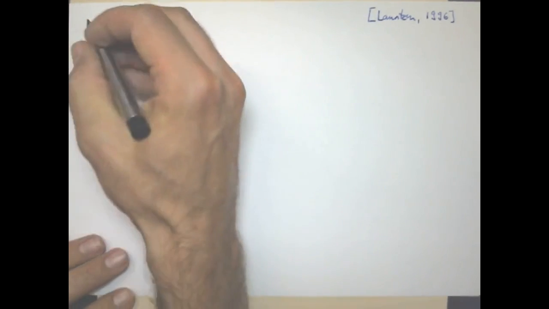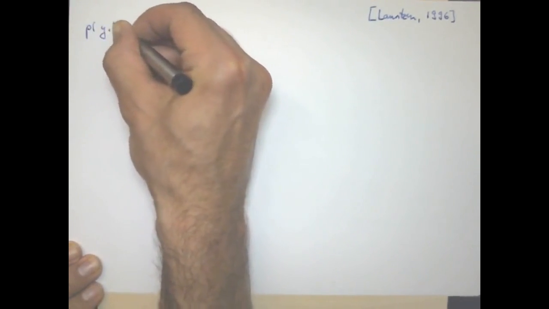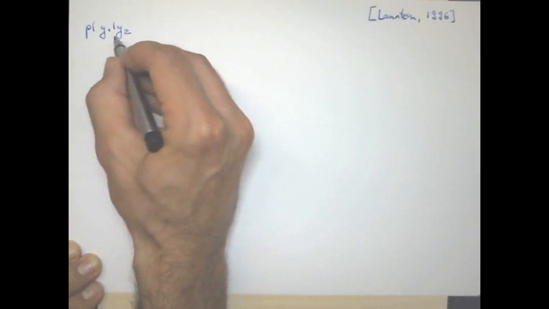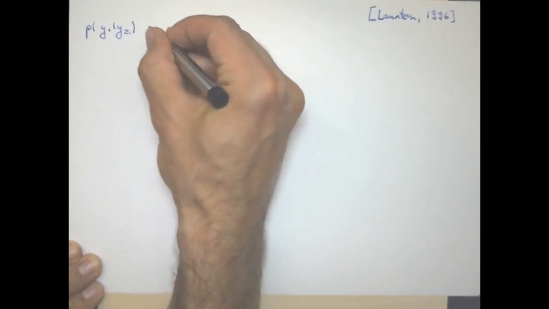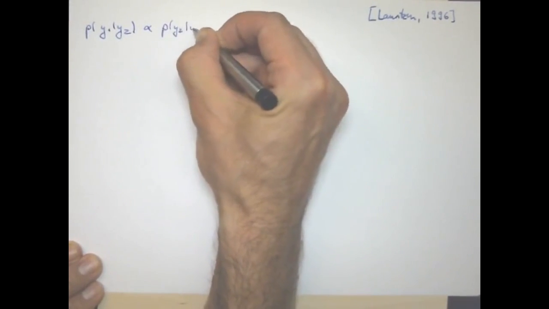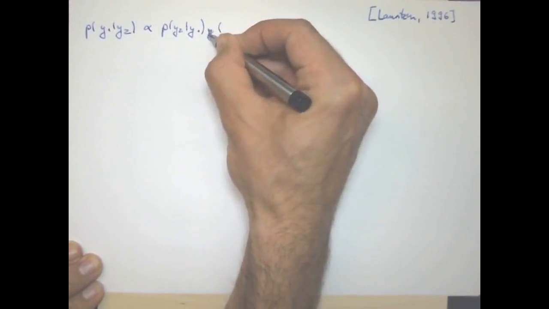So we are looking at the distribution of the response at the query point given the responses in the training set, and by Bayes' theorem I can rewrite it as follows.